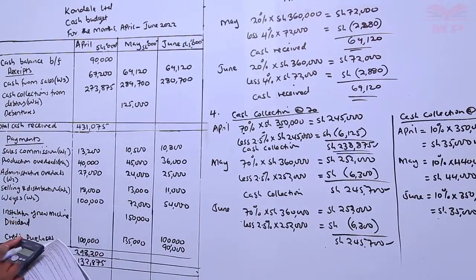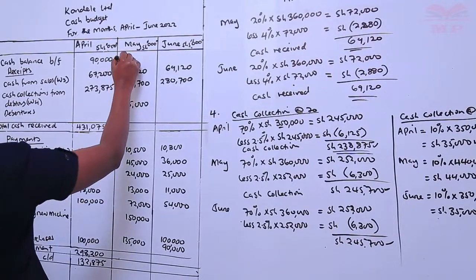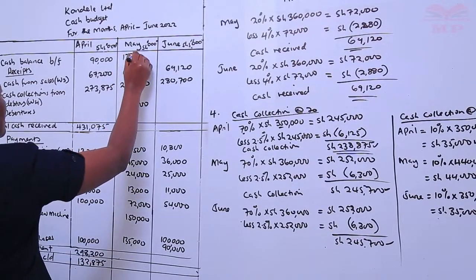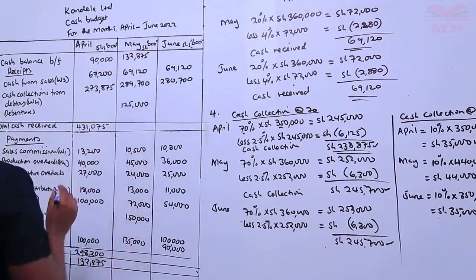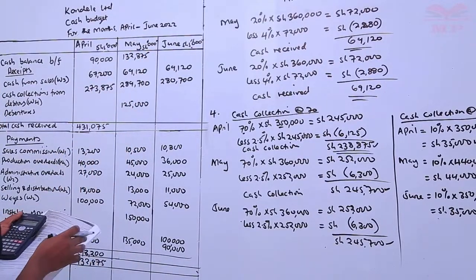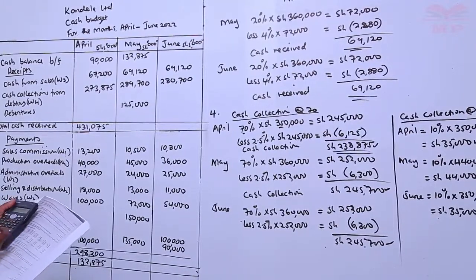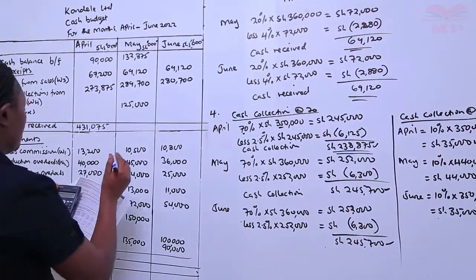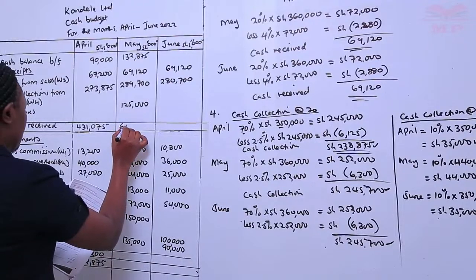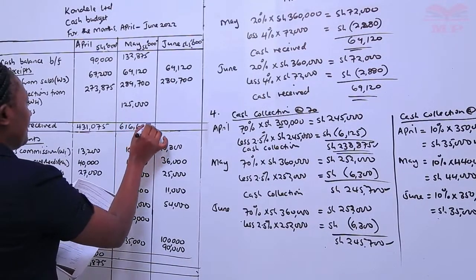We do the same for the month of May. So this balance is now to be brought forward. This is 132,875. We bring it in the next period. So this will give us 616,695.